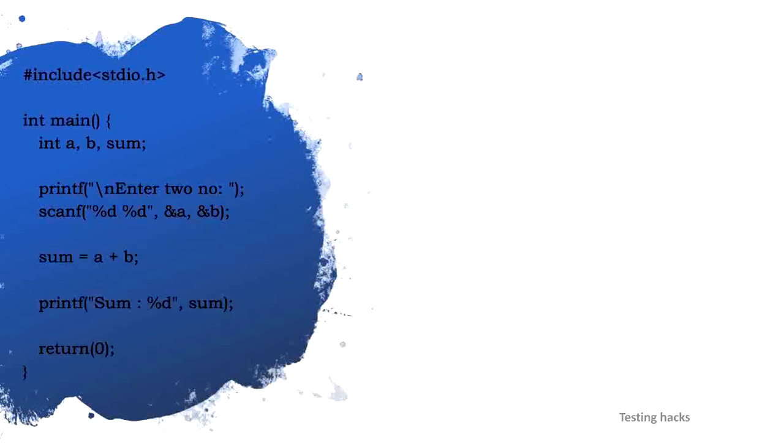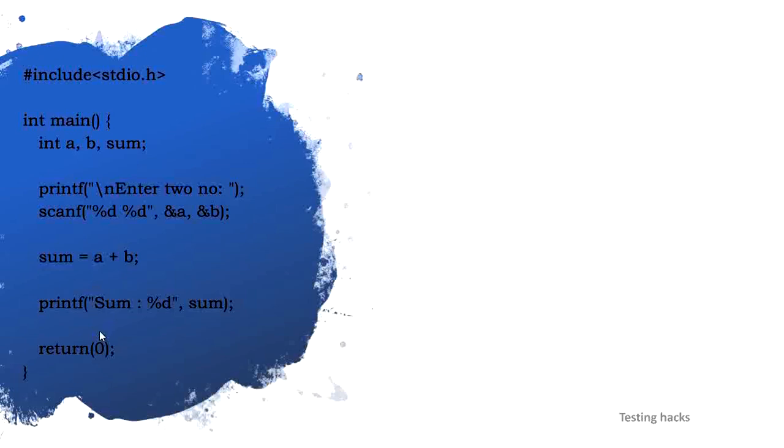And we have some sample code here. Basically, this program is to add two numbers. We are taking the input of two numbers, say a and b here, and then we are adding those two numbers and finally printing the sum of the two numbers. So this is a very basic sample program that I have taken here.